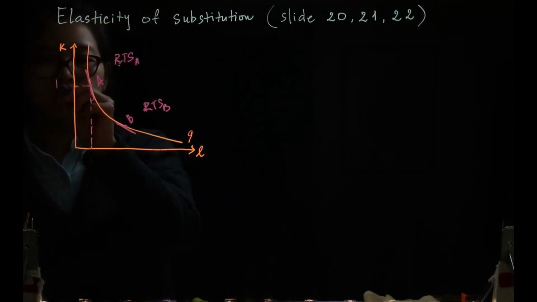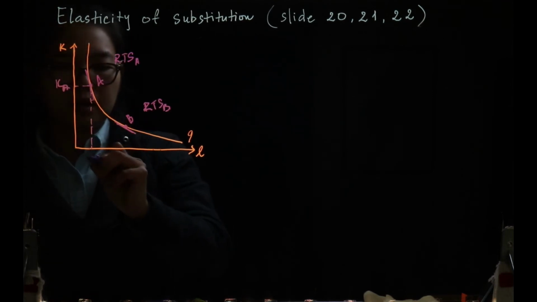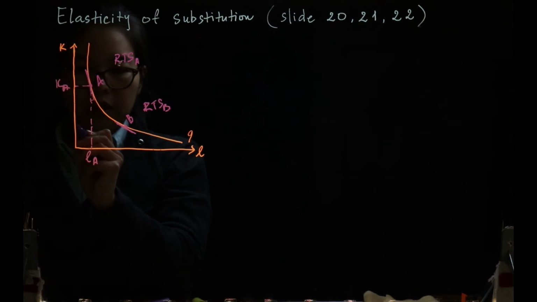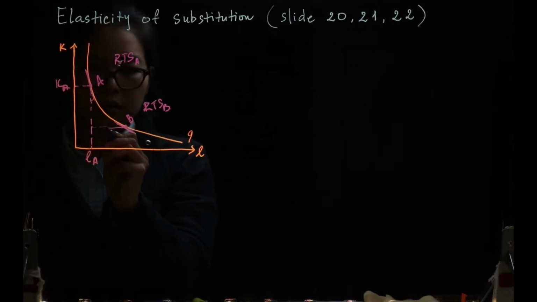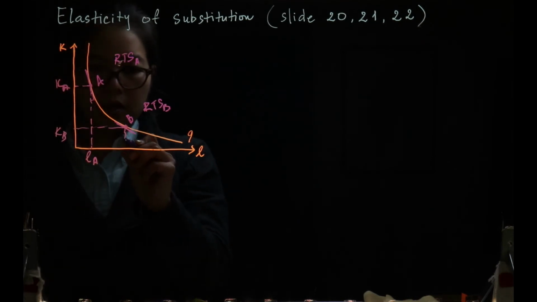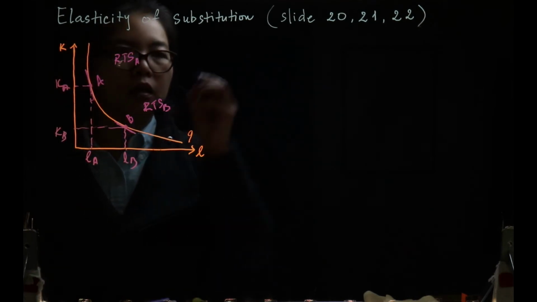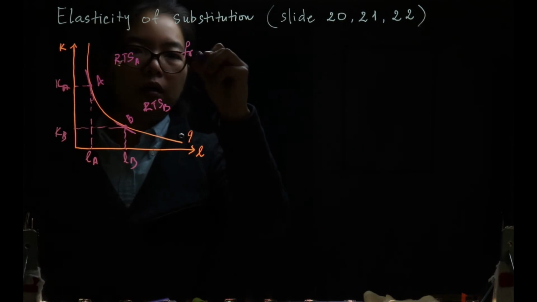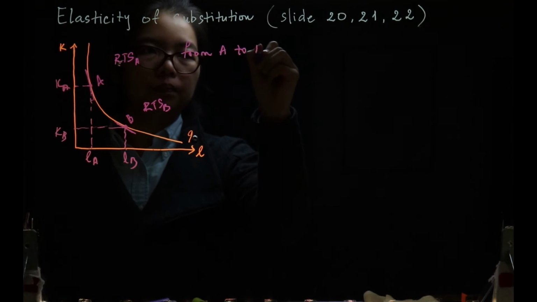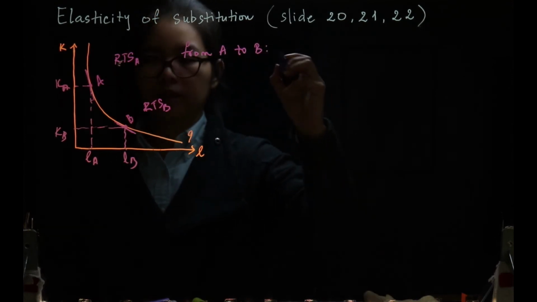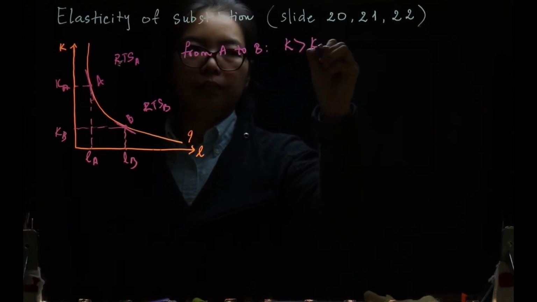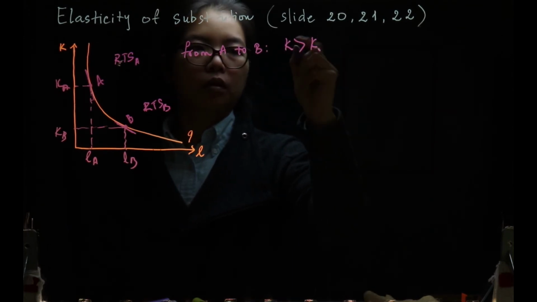Here is KA, LA, the combination of input, and here is KB and LB, right? From A to B, KA larger than KB, right?